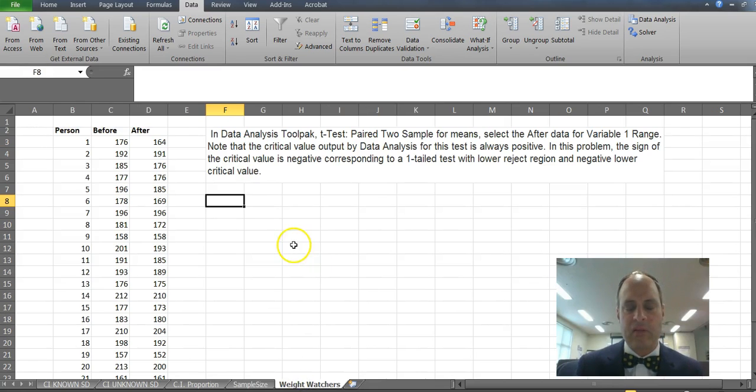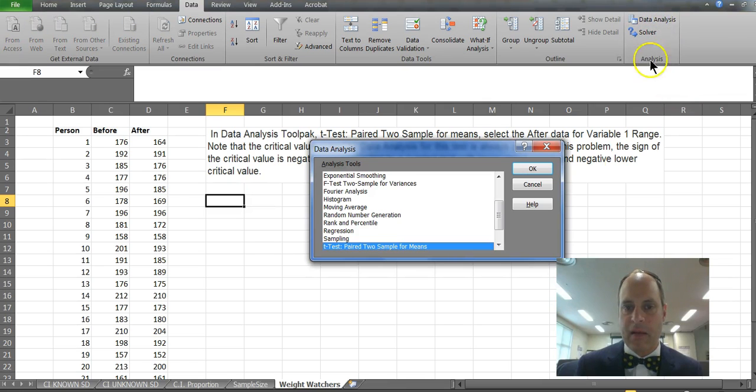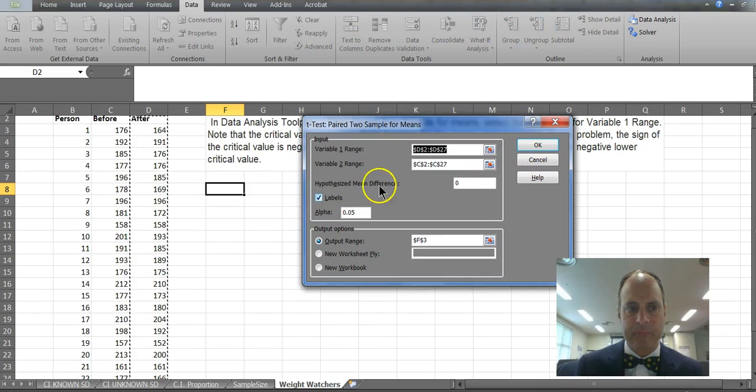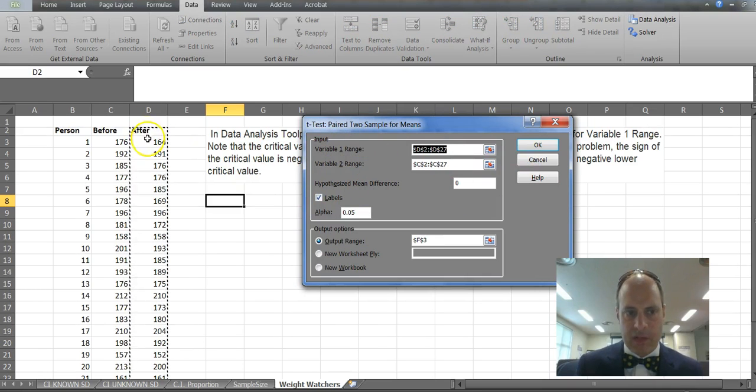Now the Weight Watchers questions, here's the data for it. Basically, it's a pre and post test design. Really easy to do using the data analysis tool pack when you need to calculate the figures it's asking for. So you would just go to data analysis, t-test paired 2 sample for means, click OK. Variable 1 is going to be the after, okay, because that's the first number. Variable 2 is going to be the before.